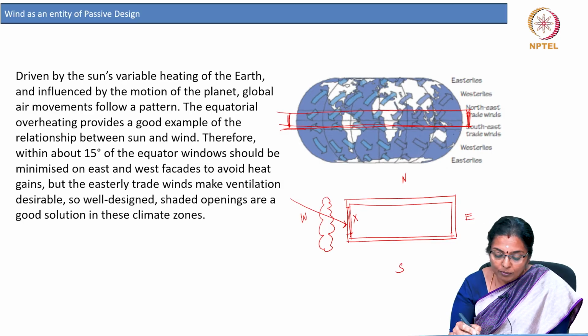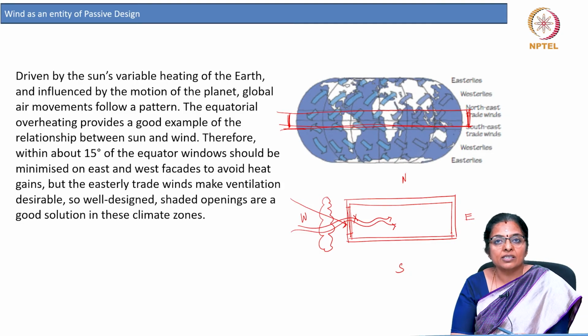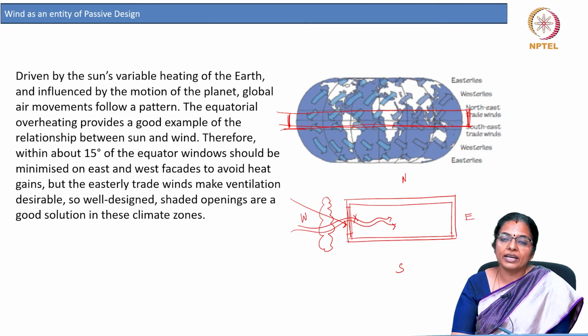But you also must design this facade in such a way that you incorporate air movement, because this could be the direction of the wind. Of course, you need to check in which season, so that you do not bring in the hot air inside.